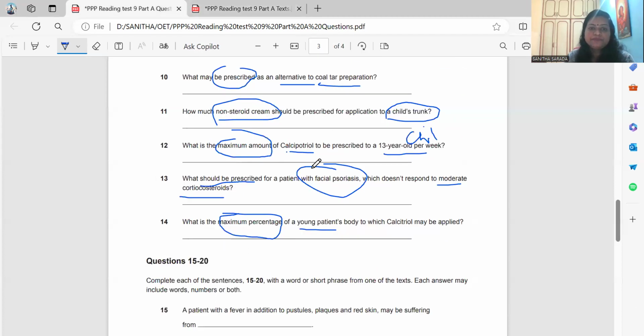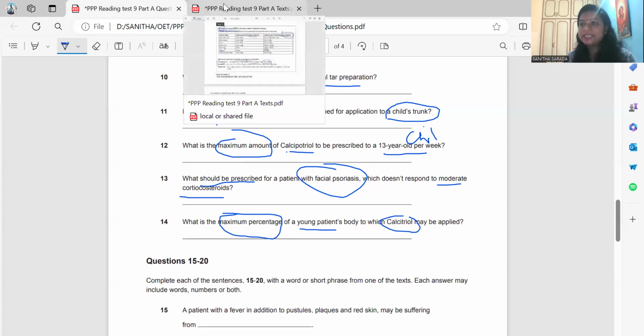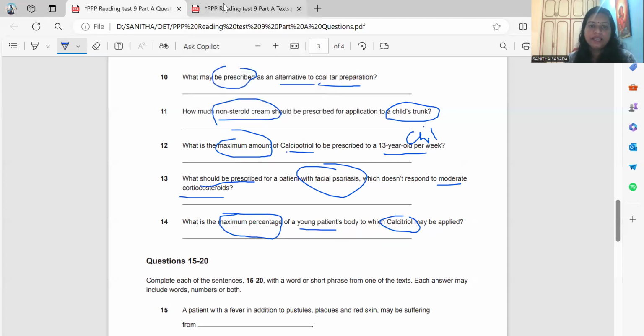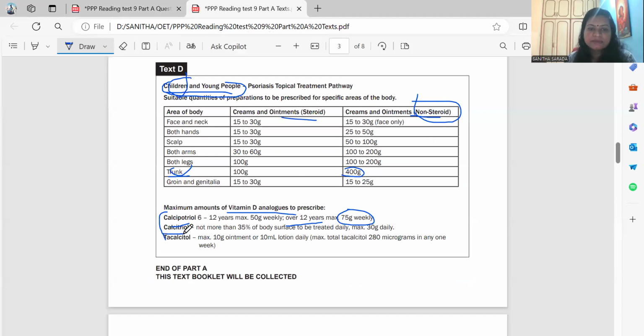What is the maximum percentage of a young patient's body to which calcitriol, another keyword, may be applied? There it is asking the percentage. So calcitriol maximum percentage, not more than that, means the maximum is 35%. Got it? This is the way you can find the answer.